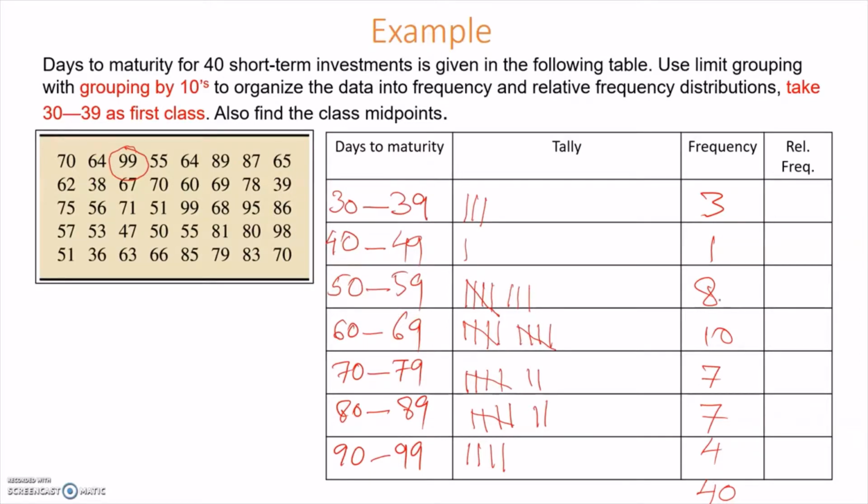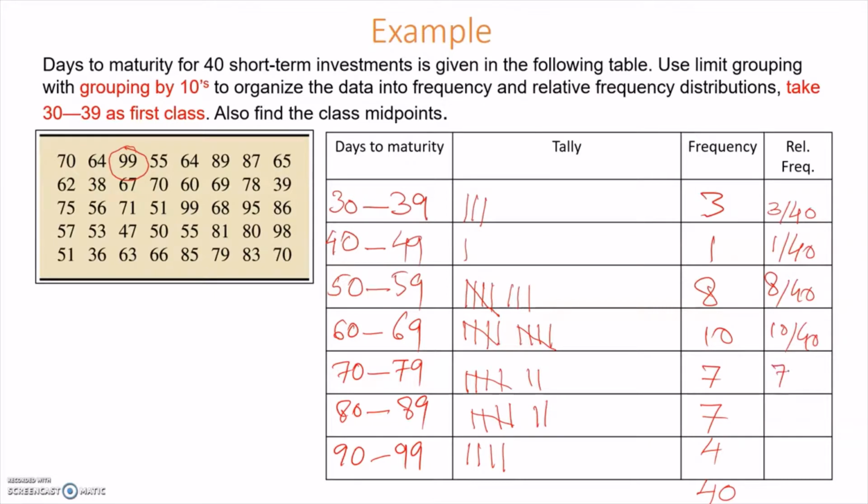The reason is the sum of all frequencies is always equal to the total number of observations. So how do we get the relative frequency? We divide the frequency by the total. We take each frequency and divide it by the total. 10 divided by 40.